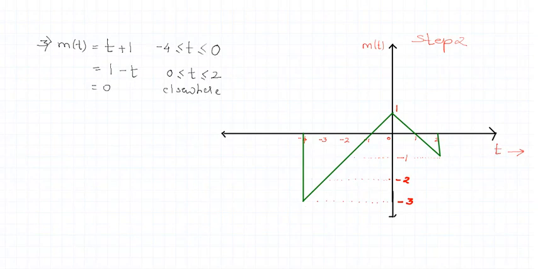I'll just show these points. So what we just analyzed by putting the values, at -4 the magnitude is -3, at -2 it is -3, at -2 it is -1, at -1 it turned out to be 0, at 0 it is 1, and at 1 it is 0 again, at 2 it is -1.